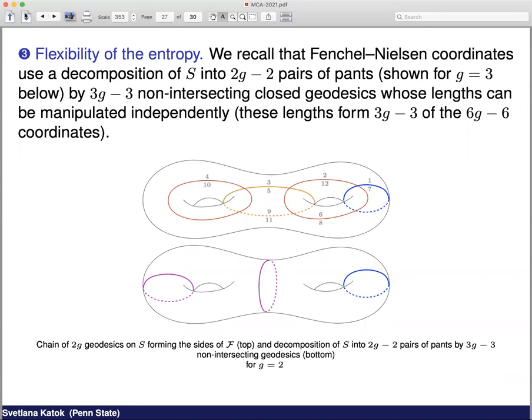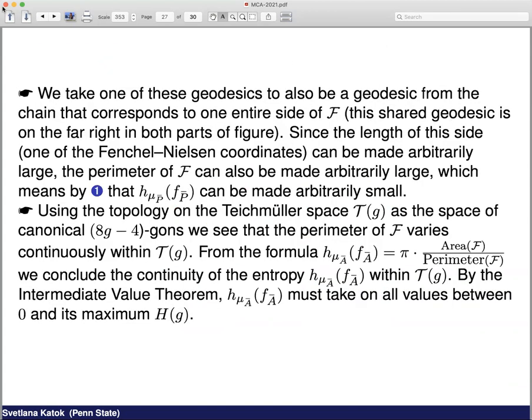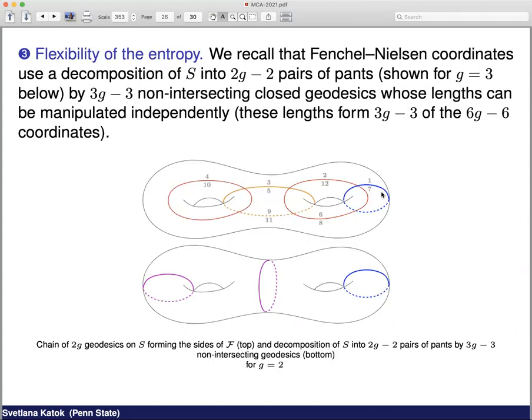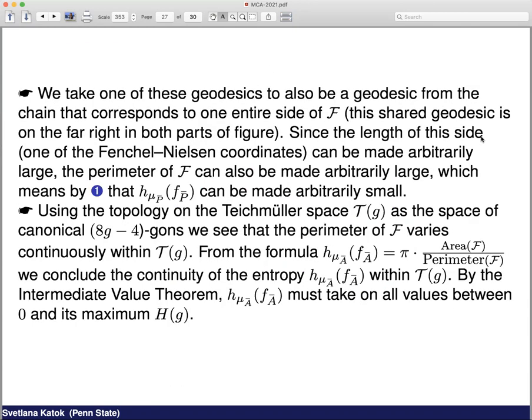So what we do here is take one of these geodesics from the necklace. It's quite a cheap trick, but it works. Since the length of this side can be made arbitrarily large, the perimeter can also be made arbitrarily large. That means that this measure-theoretical entropy can be made arbitrarily small.